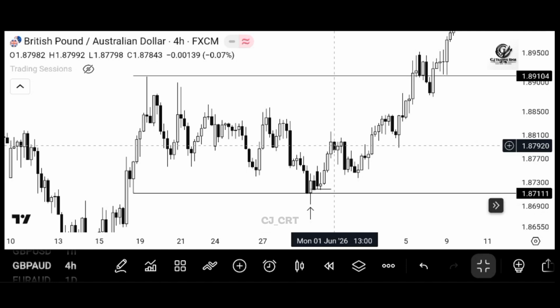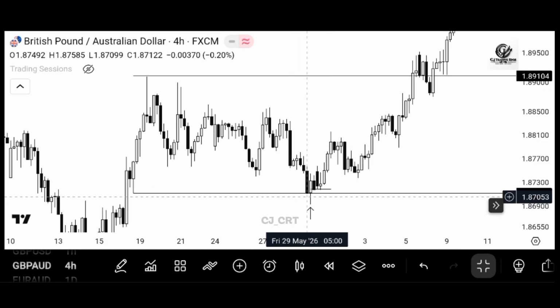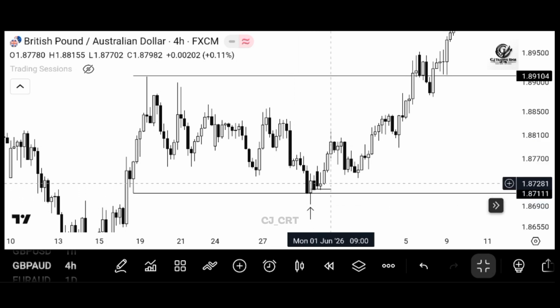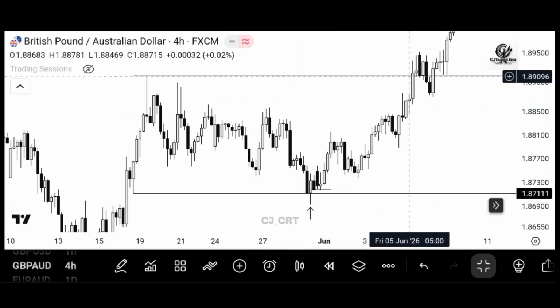So please, you can note this down. The rule of range trading says buy the low and sell the high. We are buying the low, aiming for the CRT candle high.